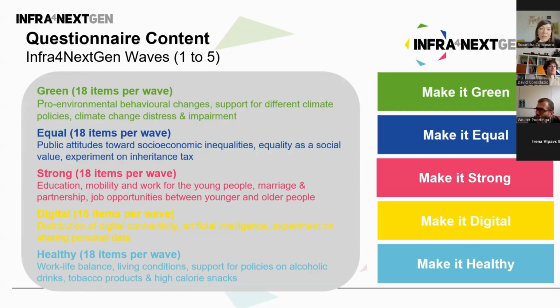Each one of them has 18 items per wave, as I said, in total 90 items for the 5 waves. And here is a bit of an overview of the different topics that each one of them covered. For the green pillar, we have, as Wouter presented already, pro-environmental behavioral changes, support for different climate policies, climate change distress and impairment, and a few other ones that I'll show you in a second.